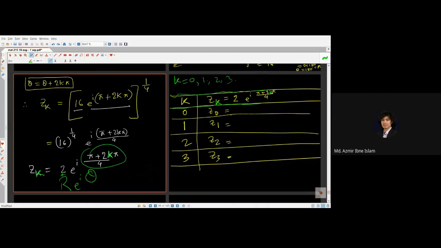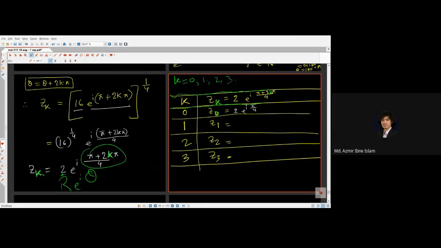Okay, so let's find this one. If k is 0, what will be the result? It will be 2 e to the power i (pi plus 2k pi) over 4. So k is 0, so that means we are getting e to the power i pi by 4. So this is the first part.